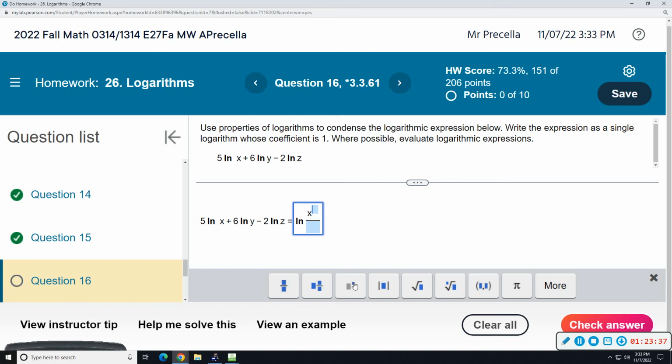X to the 5th. Right arrow to get out of that exponent. Be careful. Don't put a plus now. I'm just going to type what? Y to the 6th. Did y'all hear that? Perfect. And on the bottom, what are we going to put? Z squared.